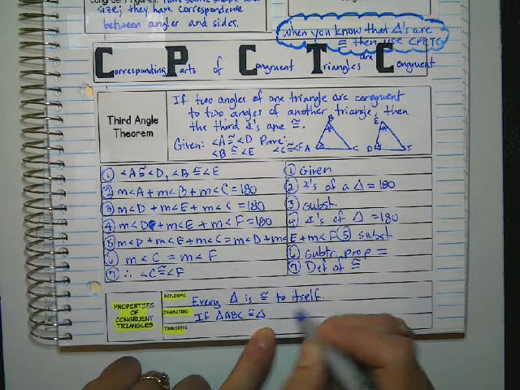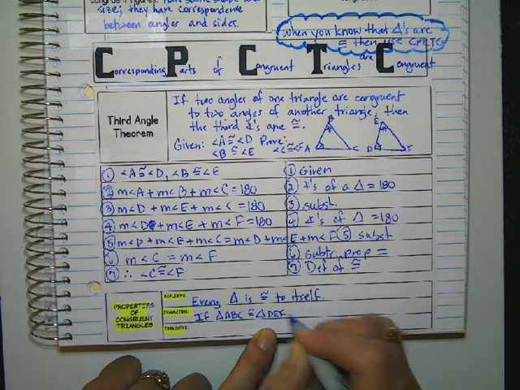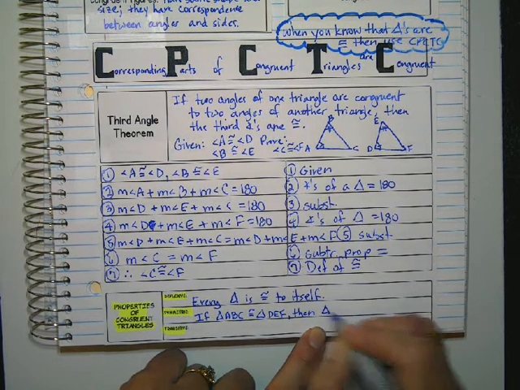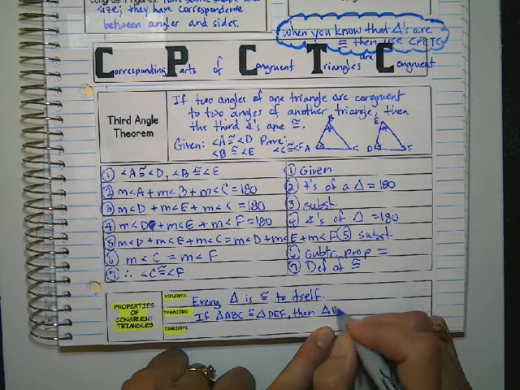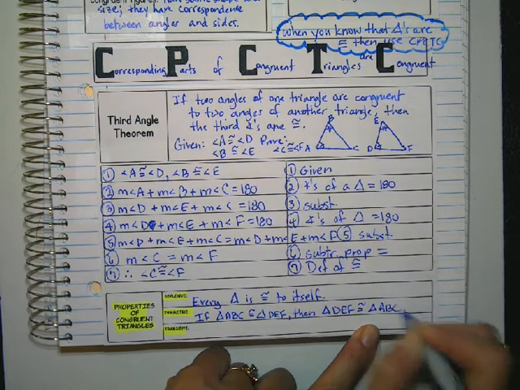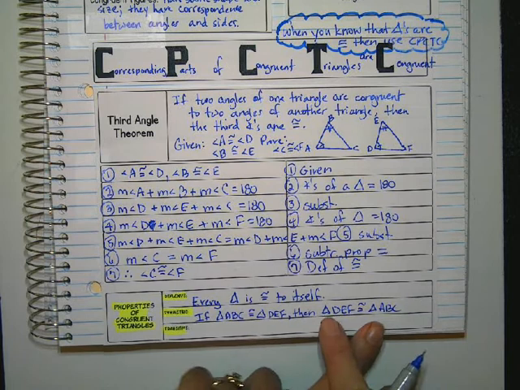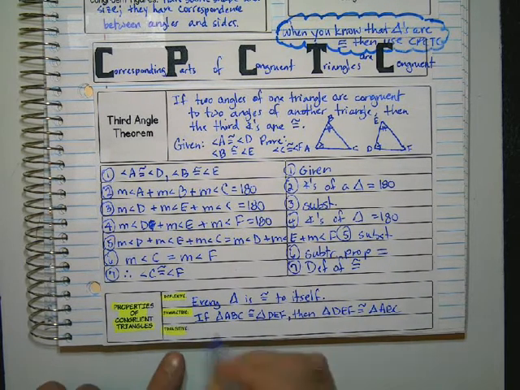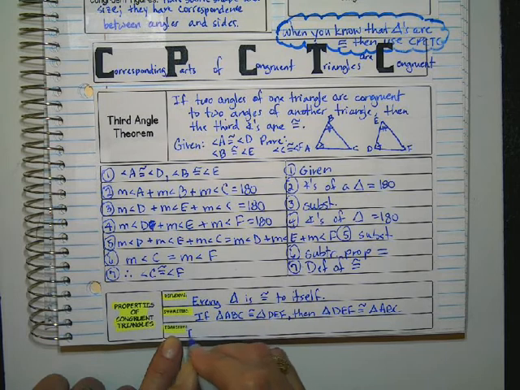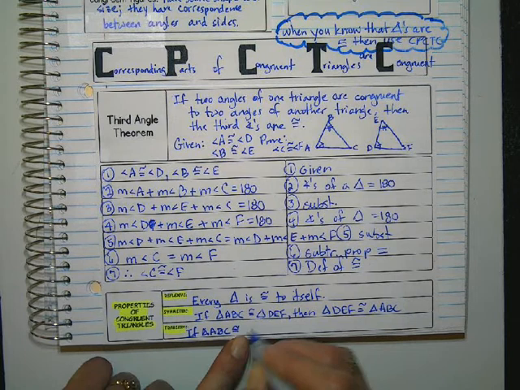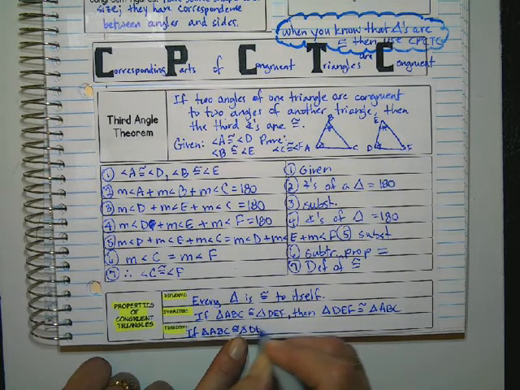And the transitive property, oh my goodness, is the same as it's always been. If triangle ABC is congruent to triangle DEF and triangle DEF is congruent to triangle GHI, then triangle ABC is congruent to triangle GHI.